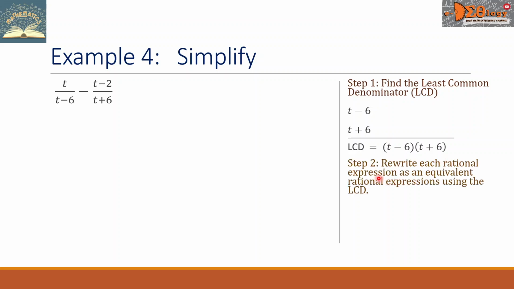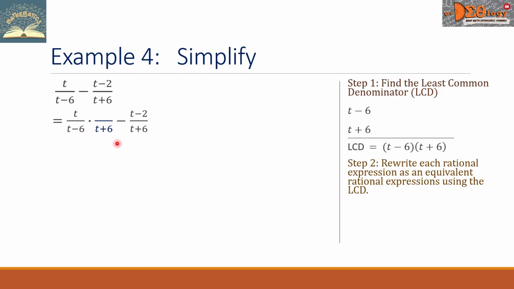Then step 2, we rewrite each rational expression as an equivalent rational expression using the LCD. So we copy the two fractions down here. Let us now consider the first fraction. This denominator here, we want to be equal to the LCD. For that purpose, we're going to multiply the t minus 6 by t plus 6.